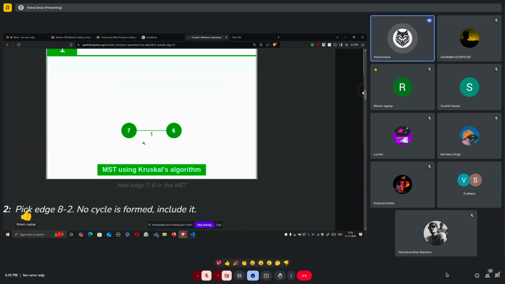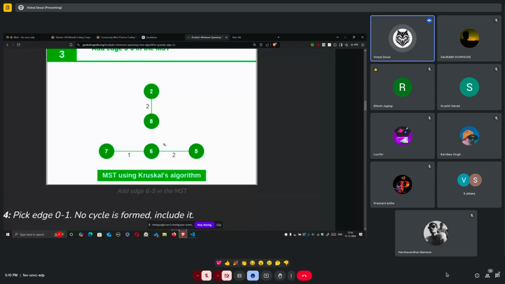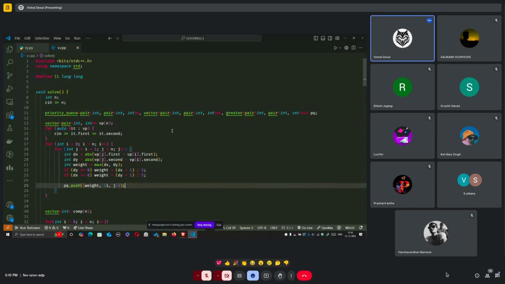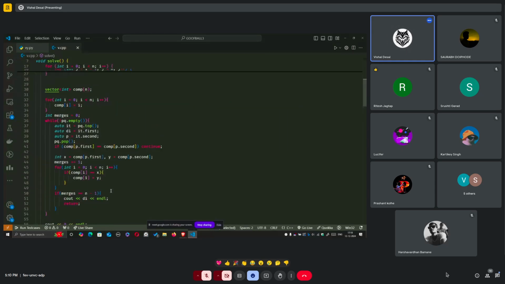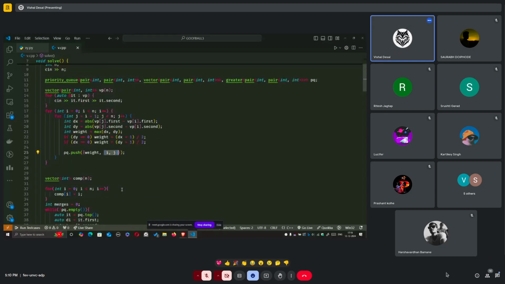So in this, we consider the minimum one first, then the second minimum, then the third minimum. That is this one, I guess, 6 and 5. That's what my priority queue is doing, right? It will bring up the least weighted edge. Yes or no? And then we just have the points between which the edges are there.